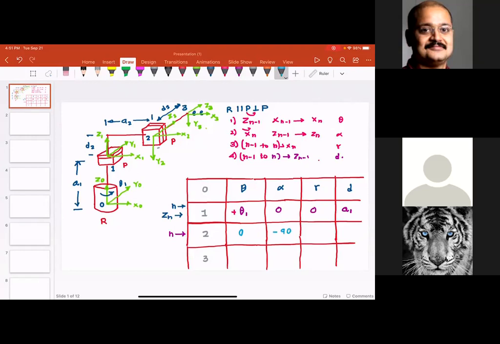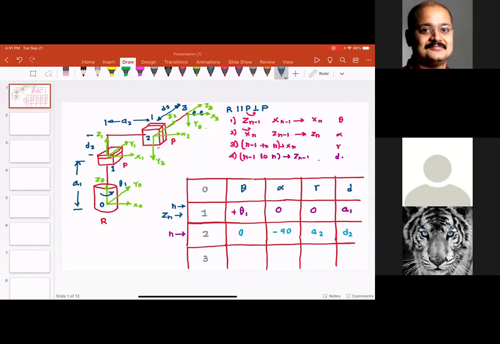And next, the distance from 1 to 2 along x2 is given by a2. And the last one, from 1 to 2 along z1, is d2.